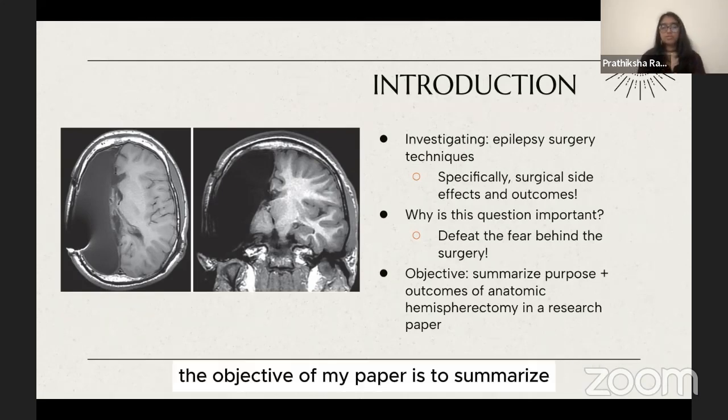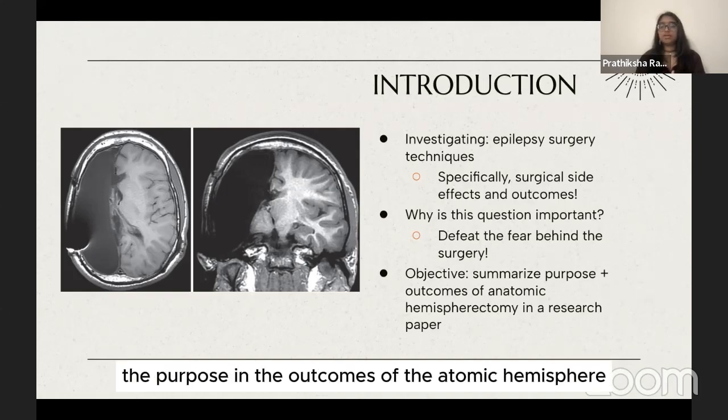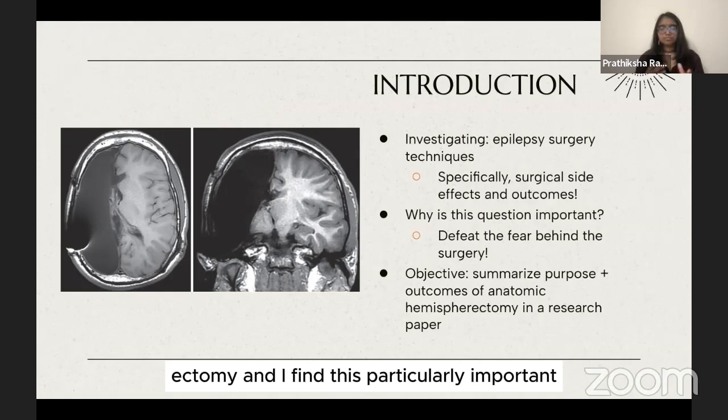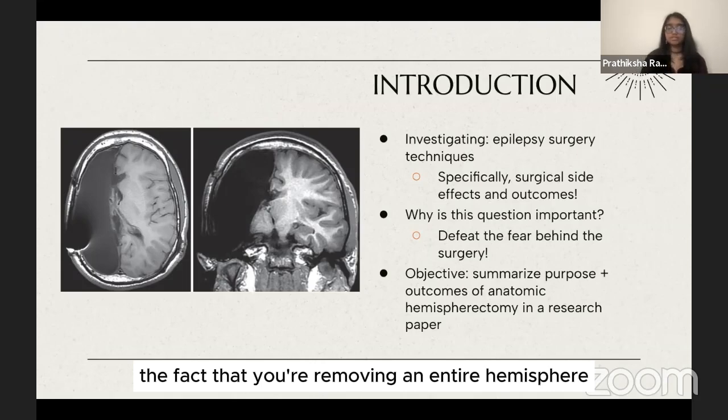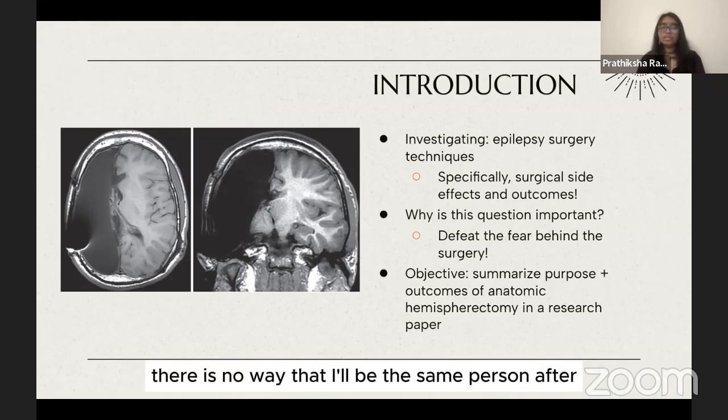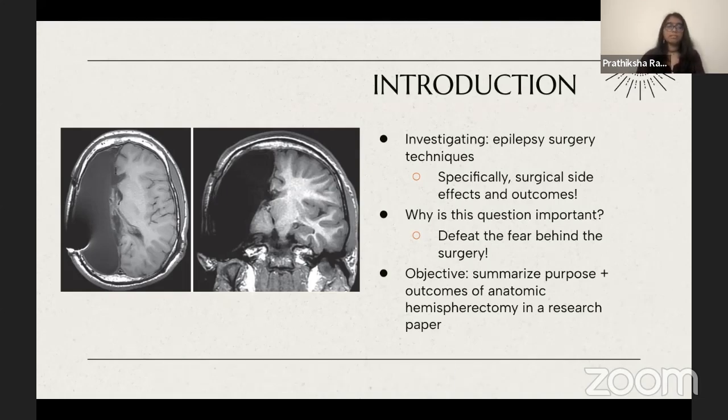The objective of my paper is to summarize the purpose and the outcomes of the anatomic hemispherectomy. And I find this particularly important because a lot of people might be intimidated by the fact that you're removing an entire hemisphere. You might think, there is no way that I'll be the same person after. And there is a chance for that to happen, but it's actually a much safer technique than popularly believed.